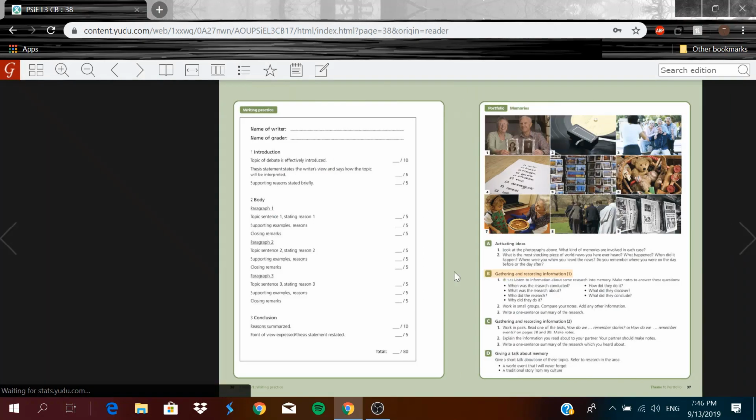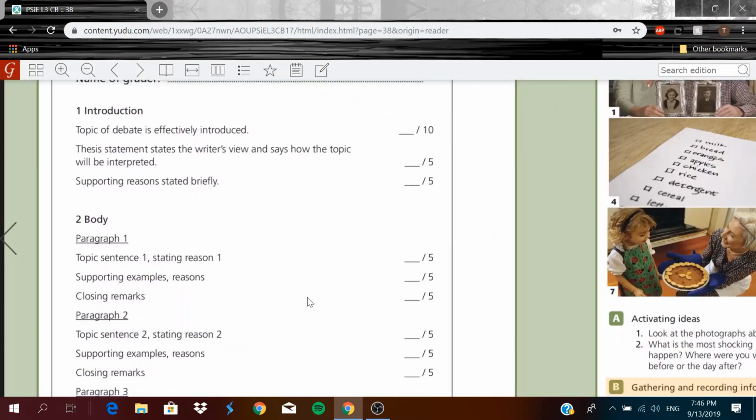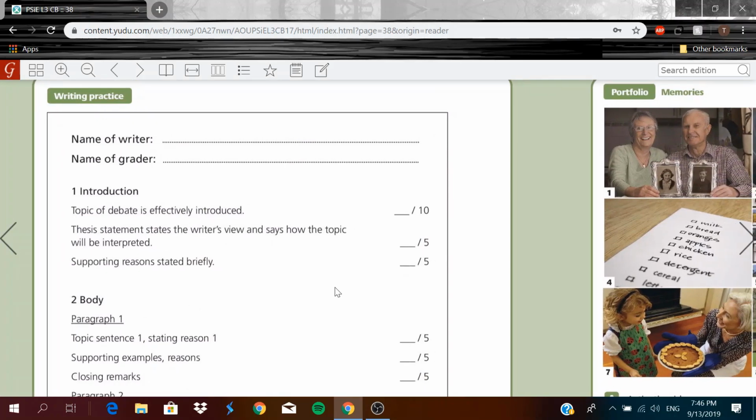Okay, what do we have here? So let's say after you finish writing, now go to this page right here, and give yourself an honest score, or you can let a friend or a classmate help you with this. You guys can swap or exchange essays to rate each other's essays.